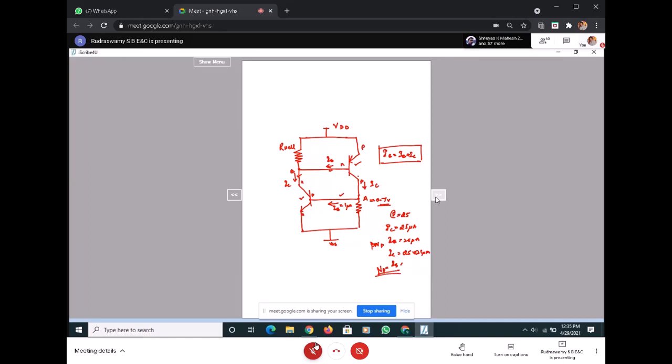That means I have a path now, right? This is what it multiplies, keeps on.